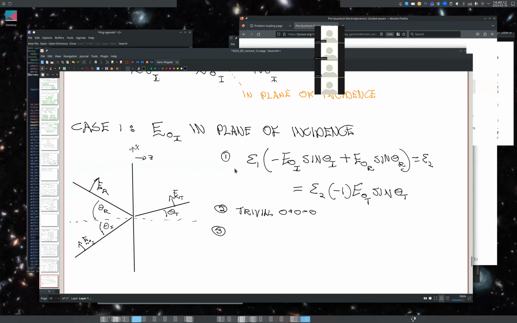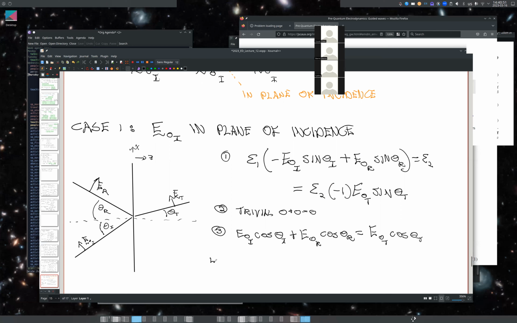For example, if I look at the x component, then that just tells me that E0I cos theta I plus E0R cos theta R has to be equal to E0T cos theta T. The y component trivializes. There's only 3x giving us this non-trivial relationship here.